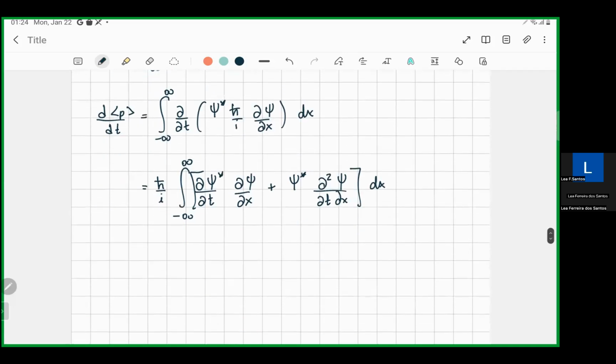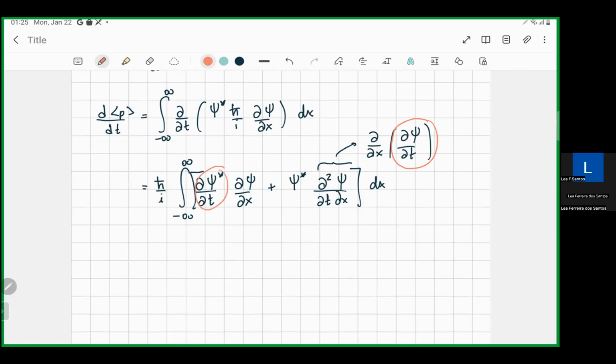Okay, all right. So this second order derivative here, it doesn't matter the order in which we do that. So we could write it like this. Let's first do the derivative in time. And why are we doing this? Because we are going to substitute this using Schrödinger's equation, and we are also going to substitute this using Schrödinger's equation.